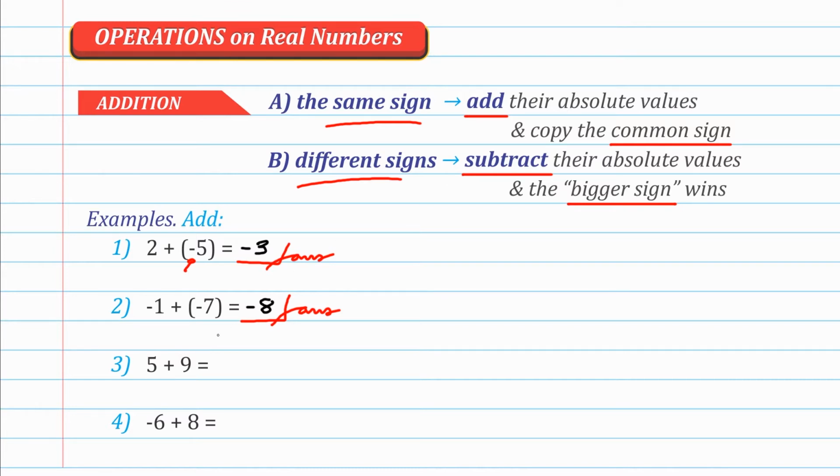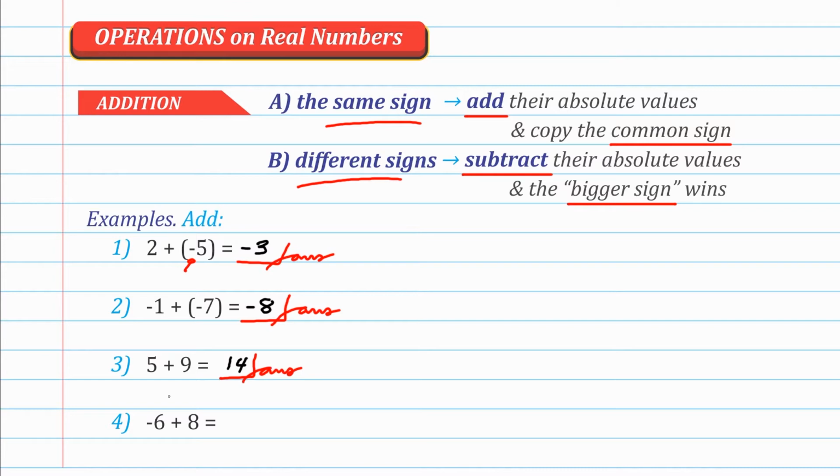What is the absolute value of 5, and 9? 5 plus 9 is 14. And then, second step, copy the common sign. They're both positive. The final answer is positive. However, you know that you don't need to write that positive sign because even without it, it's still positive. Therefore, the answer is simply 14.